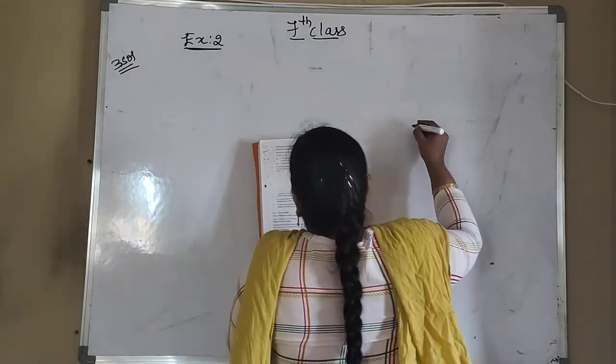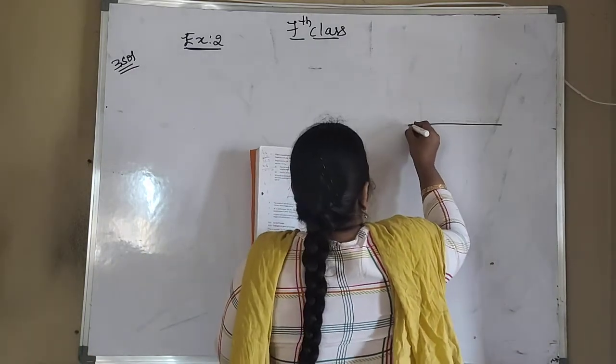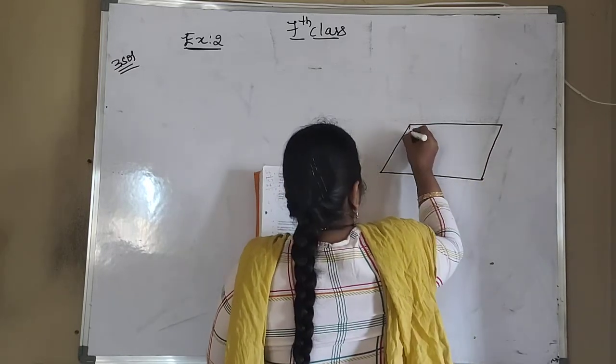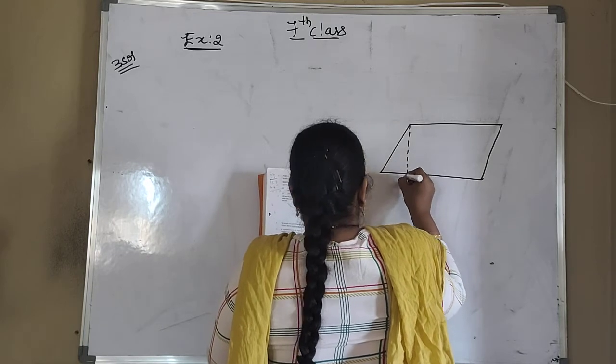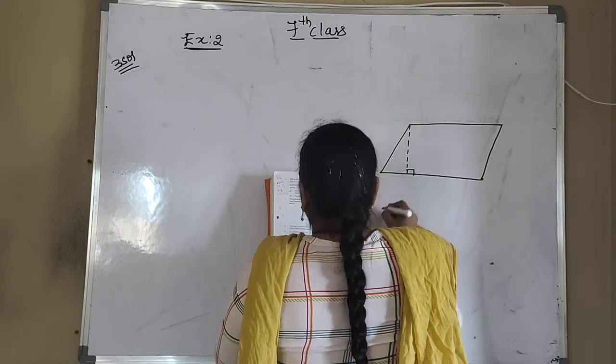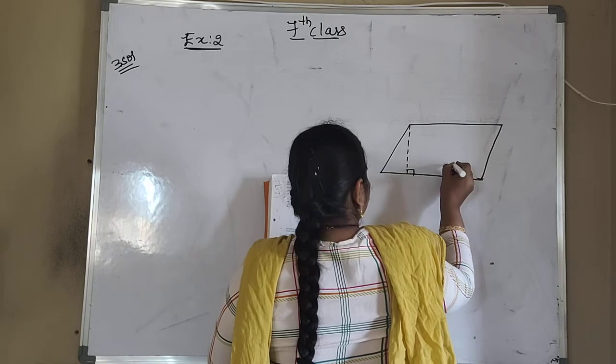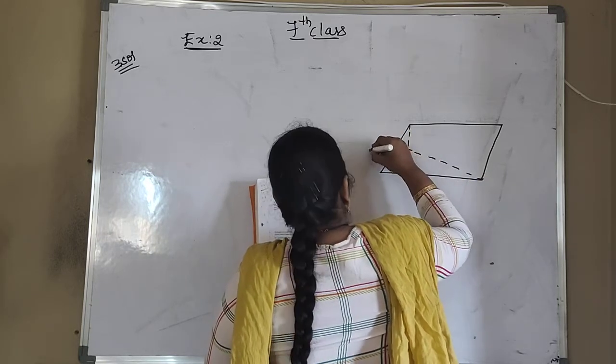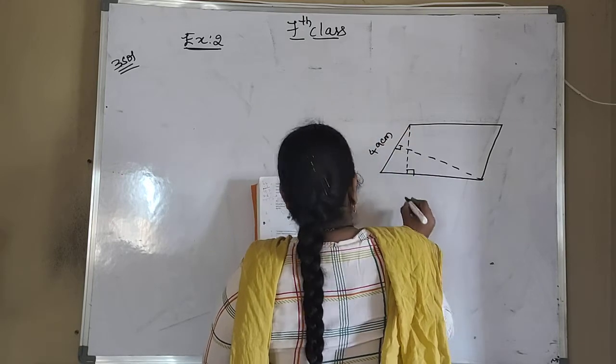So already they have given the area value. So one more height is this one. Here it is 49 centimeters.